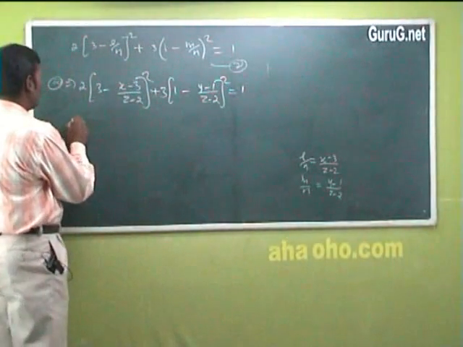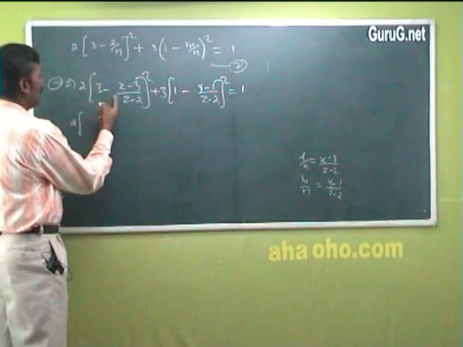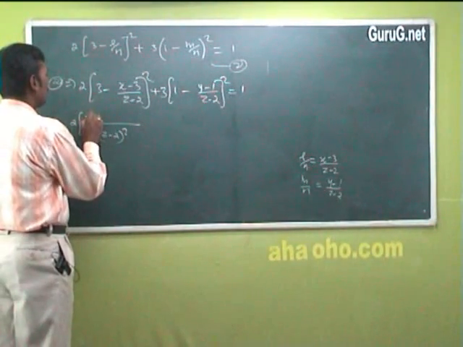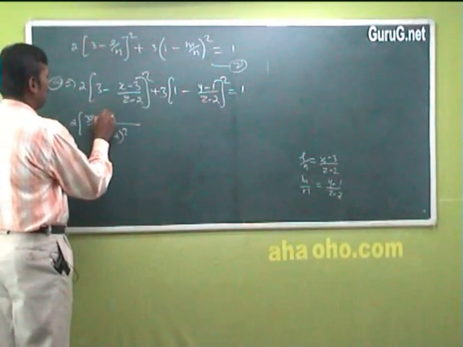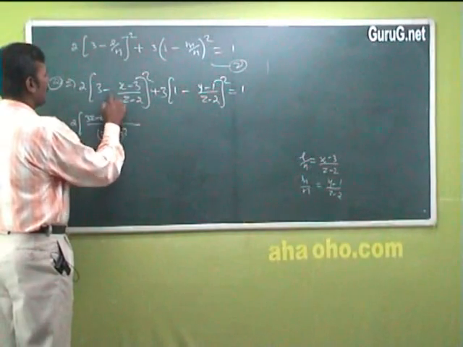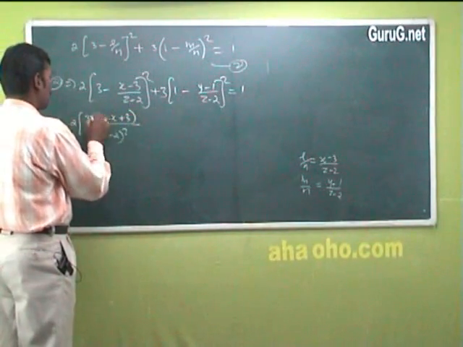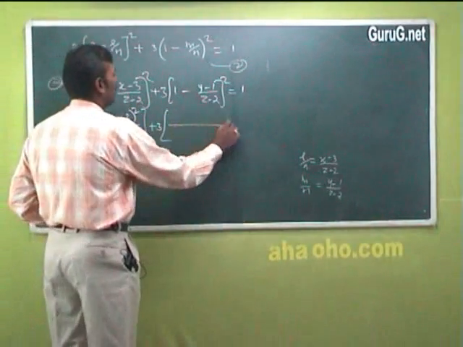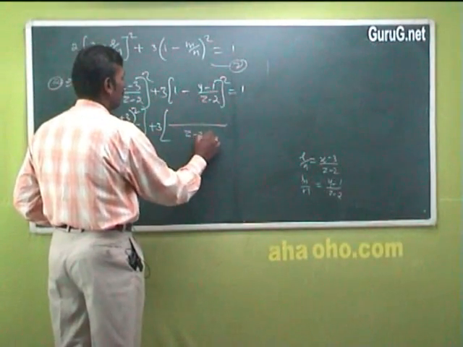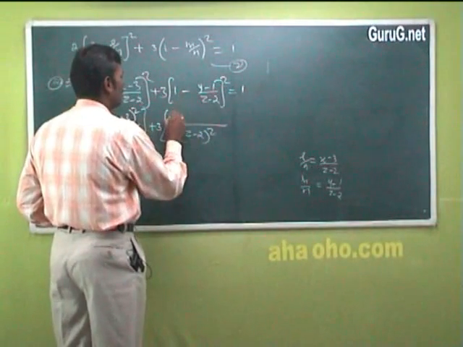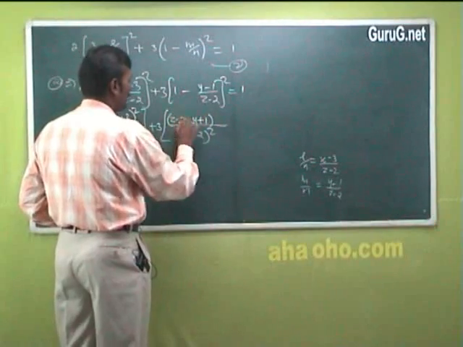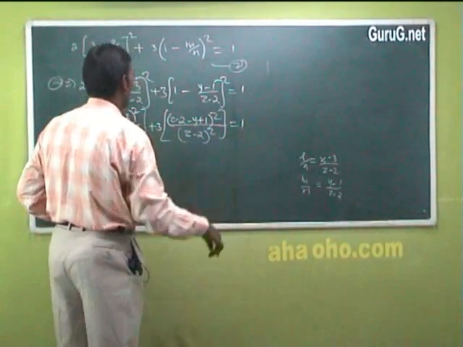Simplifying this, we get 2 into (3(z minus 2) minus (x minus 3)) the whole square over (z minus 2) the whole square, plus 3 into, taking the LCM, ((z minus 2) minus (y minus 1)) the whole square over (z minus 2) the whole square, equal to 1.